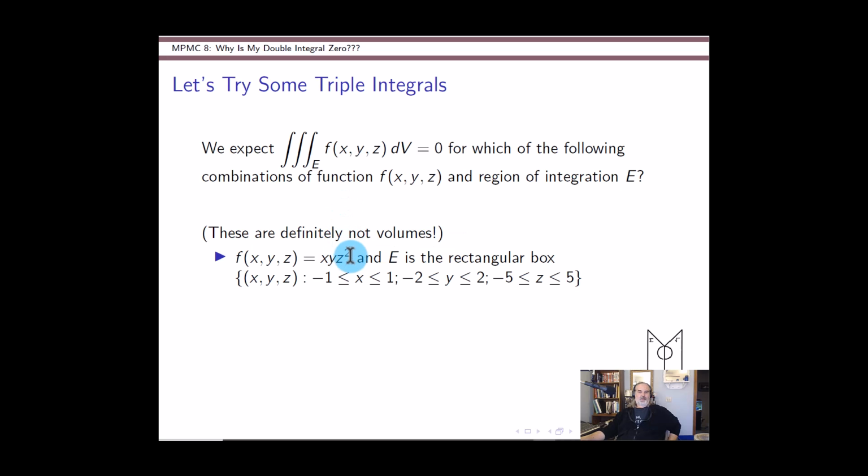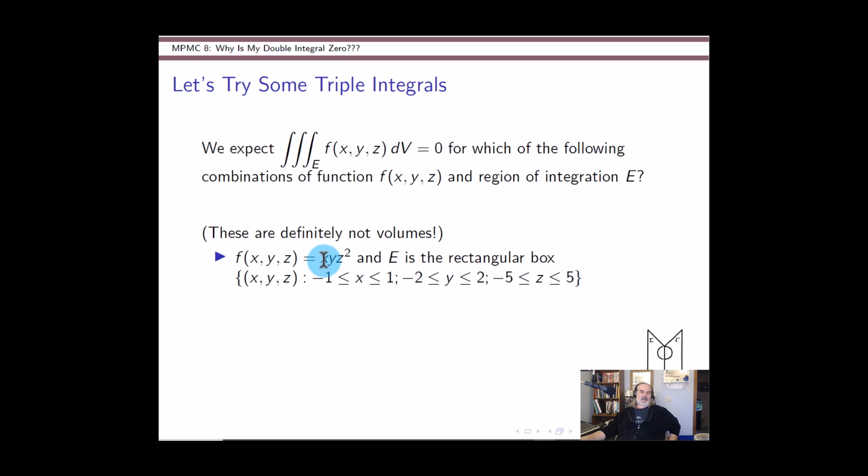So we're going to think about the triple integral of the function xyz squared over a rectangular box where x goes from -1 to 1, y goes from -2 to 2, and z goes from -5 to 5. Now notice the z is squared, so that's a wash. It doesn't matter where we are in the z. Those contributions are all positive, but x and y can go either way.